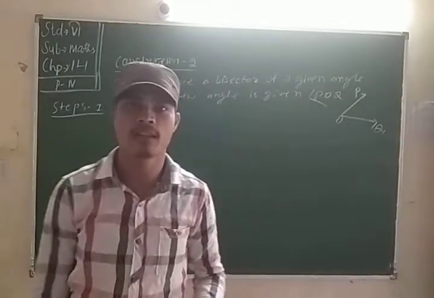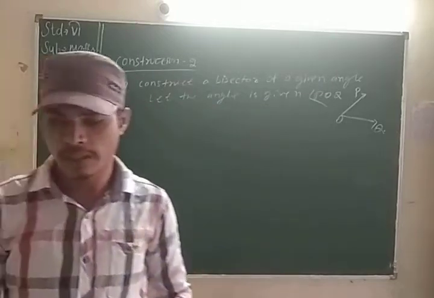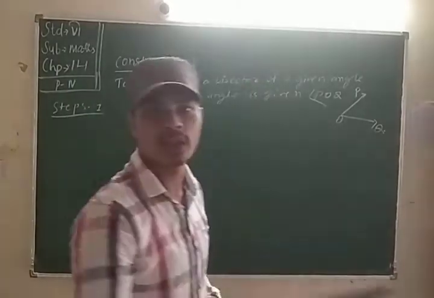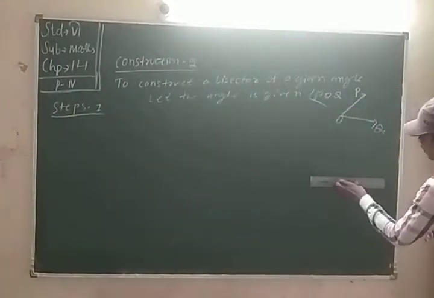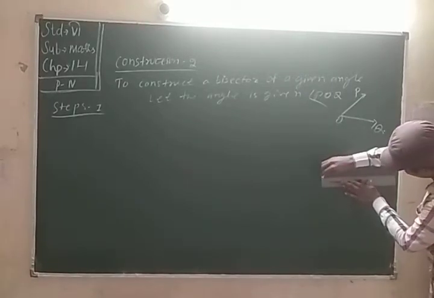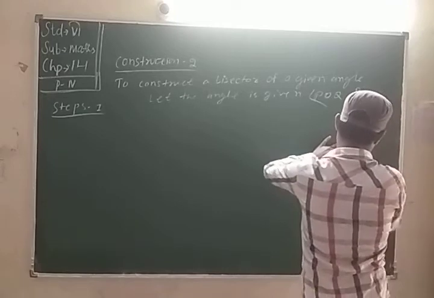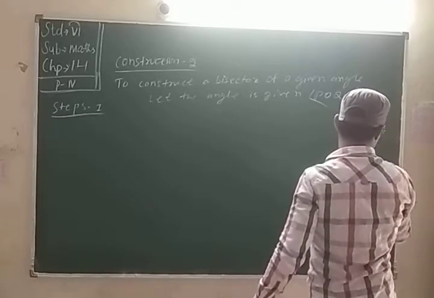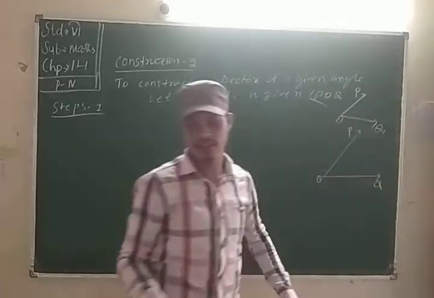Then how can we construct a bisector of an angle? First I will tell you, then I will write the steps. Here the angle POQ is given.